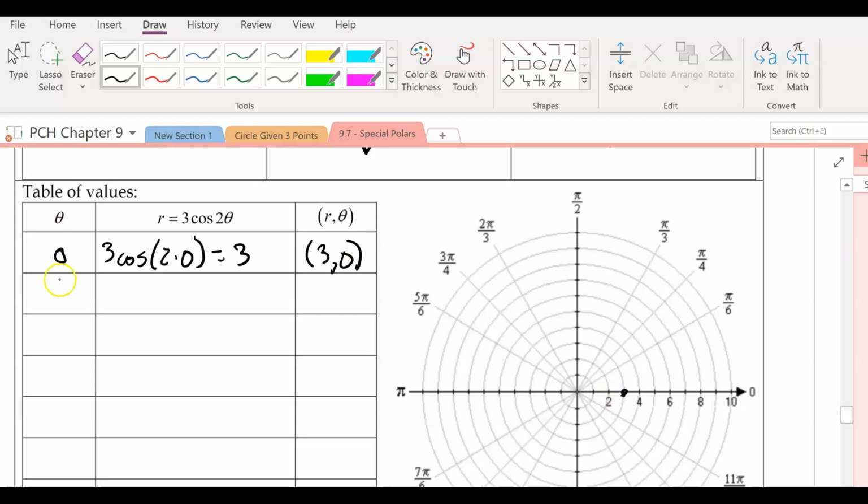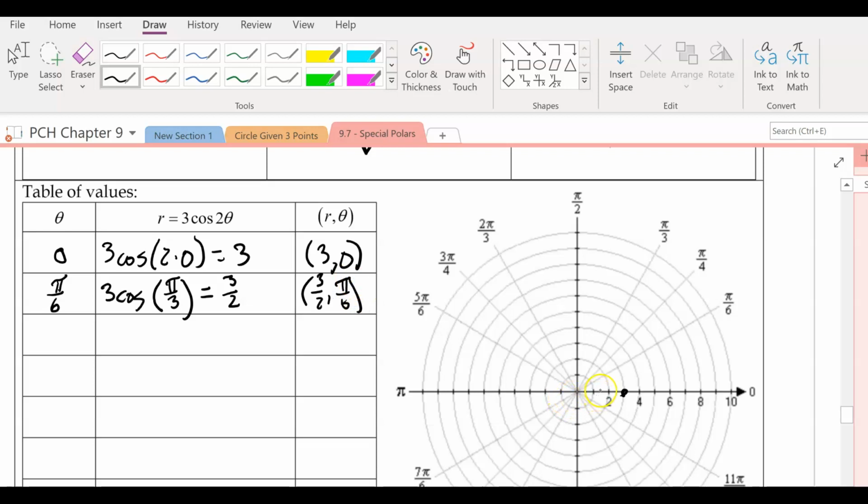And then let's do pi over 6. So I have 3 cosine 2 times pi over 6 is going to be pi over 3. And the cosine of pi over 3 is a half times 3 is 3 halves. So that's 3/2 comma pi over 6.